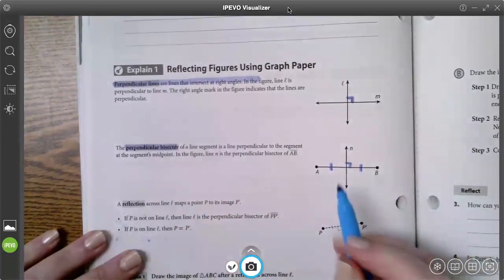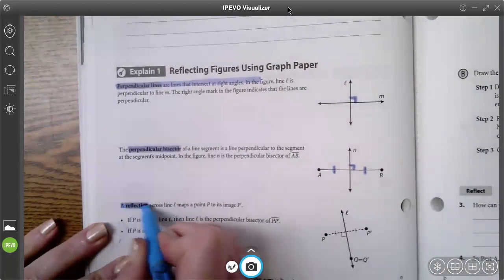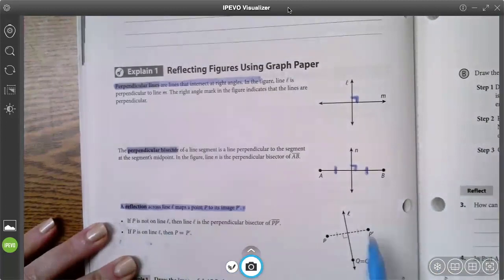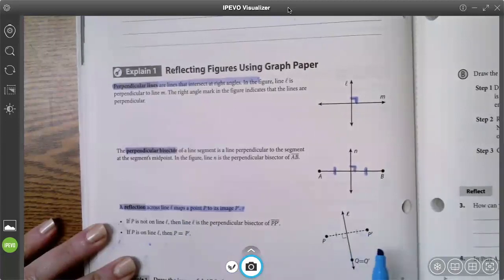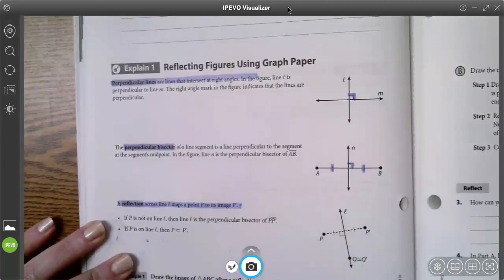So a reflection across a line, such as line L, would map a point, such as point P, onto its image, which is point P prime. If P is not on the line, then L is not going to be the perpendicular bisector.